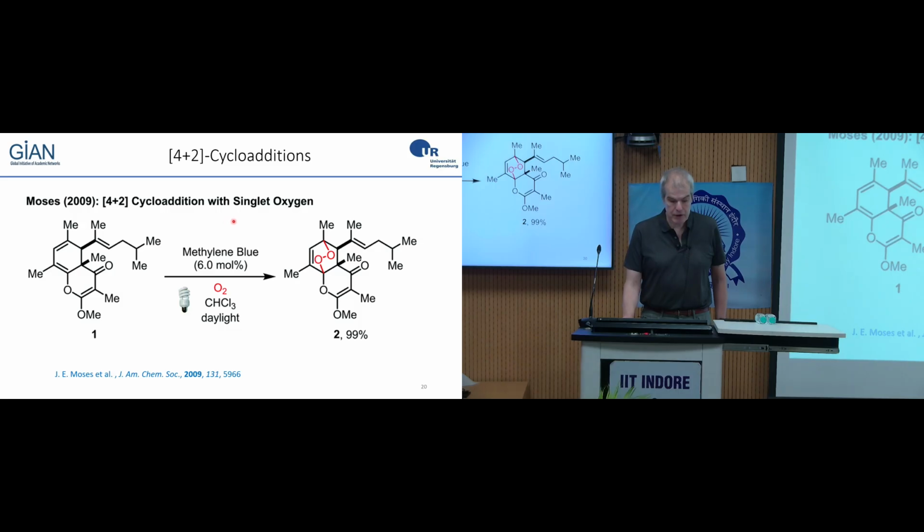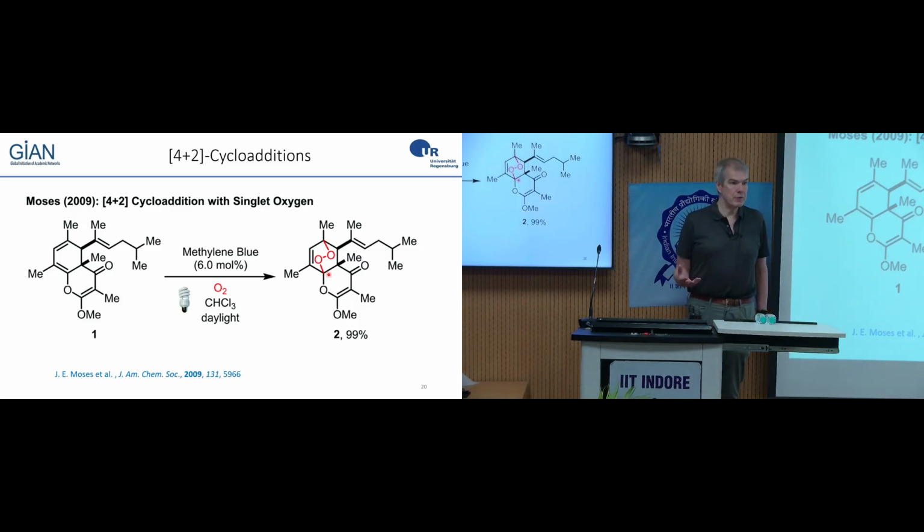And the singlet oxygen, that is a dienophile. This can do 4+2 cycloadditions. And so with dienes, it's a very common, very efficient reaction that if you do a photoirradiation with oxygen, you get the Diels-Alder adducts. So it's not a photochemical 4+2 cycloaddition.